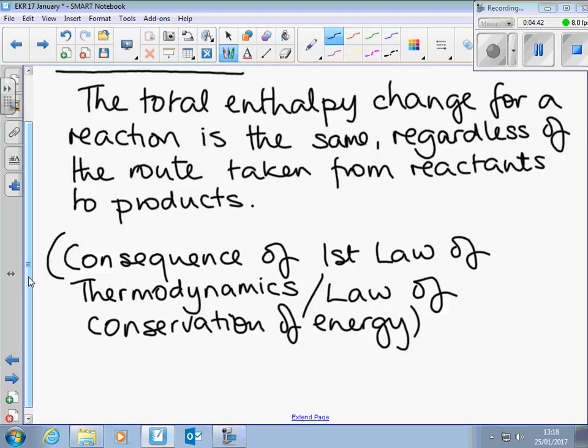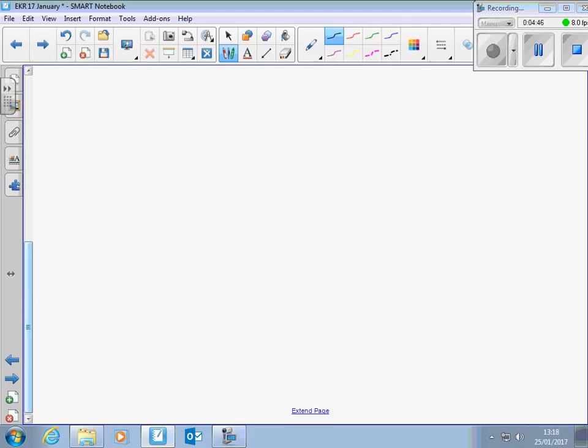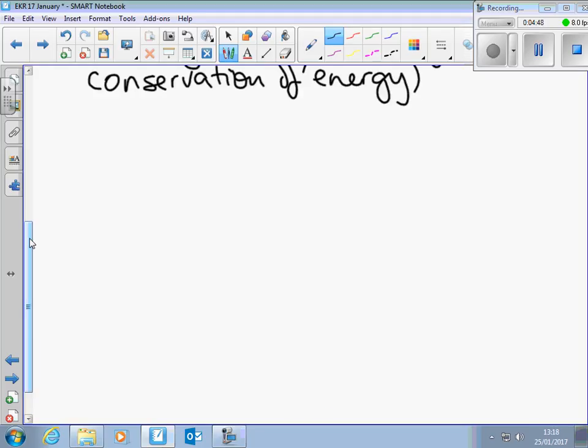So the way it actually works out, if you think about the energy diagrams that we've met before with endothermic and exothermic reactions, the idea then is that it's used to work out enthalpy changes which can't be measured directly, practically, or both.